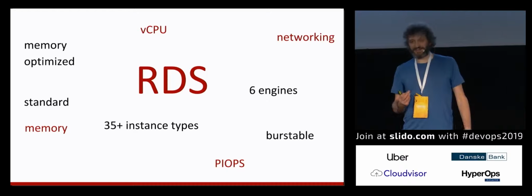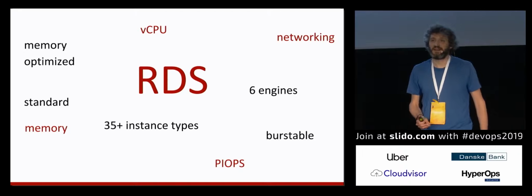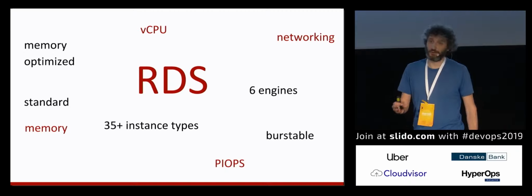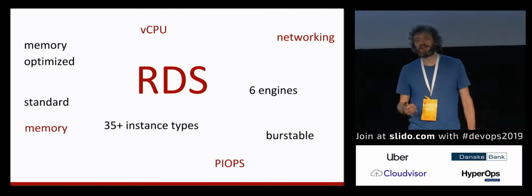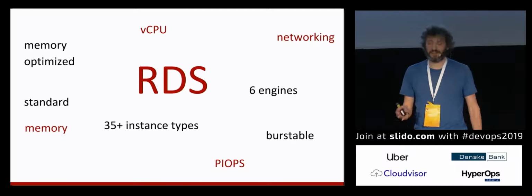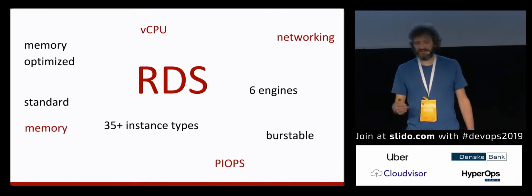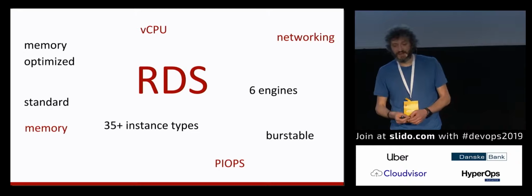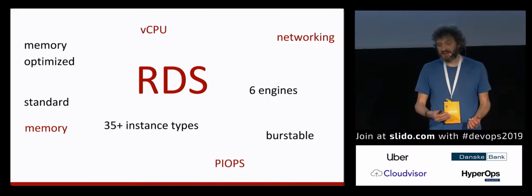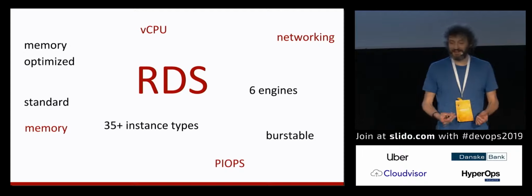it's not just how hard it is to do autoscaling, but even things have somehow got worse, in the sense that the flexibility that something like RDS offers is making things much harder to manage. If you think about RDS now, you have 35 plus instance types, considering different classes and different sizes. You have different kinds of instances for memory optimized, burstable, standard.